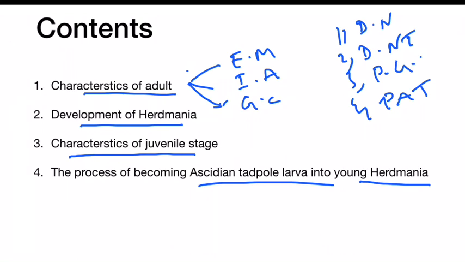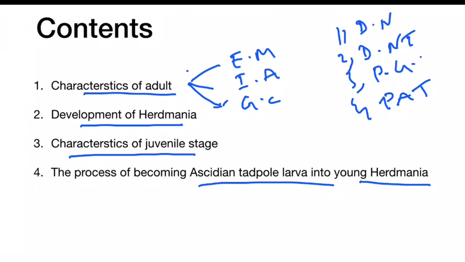Next we will study the development of Herdmania. The adult organisms develop the male and female gonads from mesodermal tissues, those gonads release gametes, and those gametes form the zygote, and that zygote develops into a larva in the case of Herdmania. This kind of development is called indirect development.